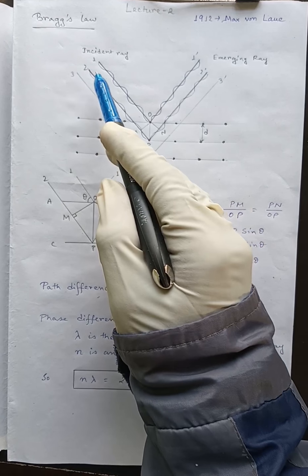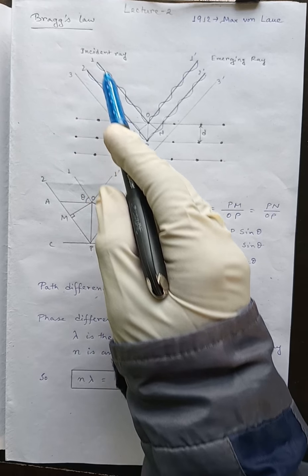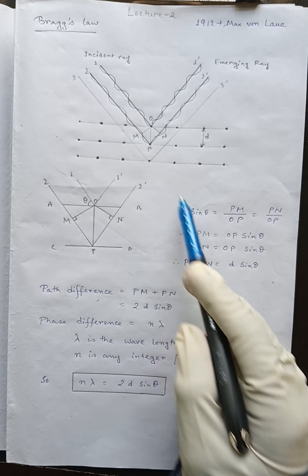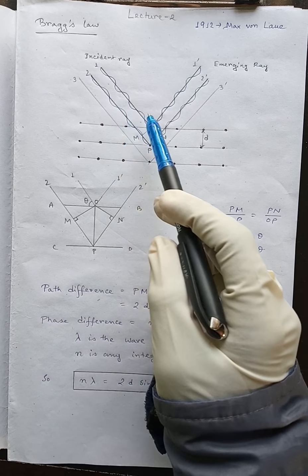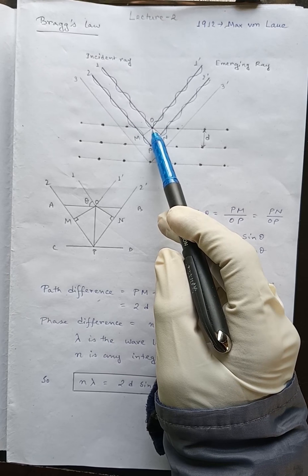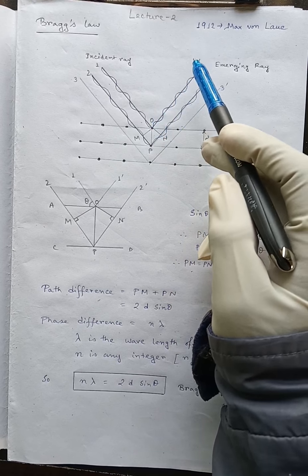That means if we pass some waves, most of the waves will get through, but some will collide with these ions or atoms and just reflect back.